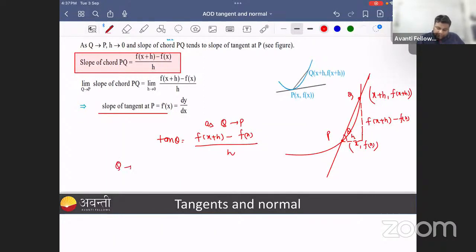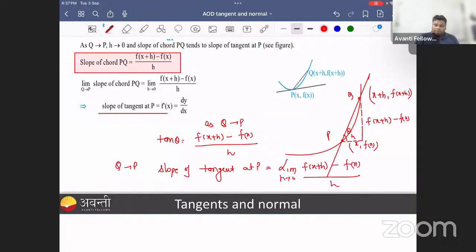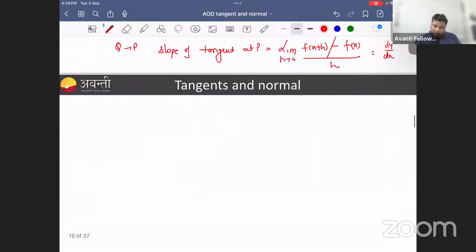So if Q approaches to P, it will be the slope of tangent at P. And that will be limit h approaches to 0, f of x plus h minus f of x upon h. And the same quantity is what we call dy by dx or f dash x. So dy by dx gives you the slope of the tangent.